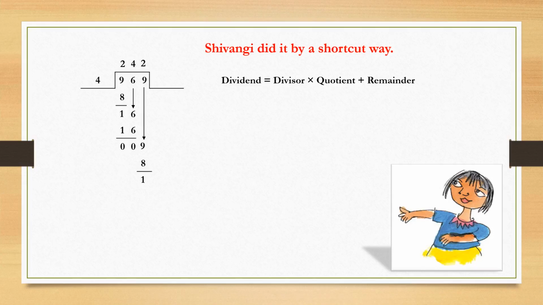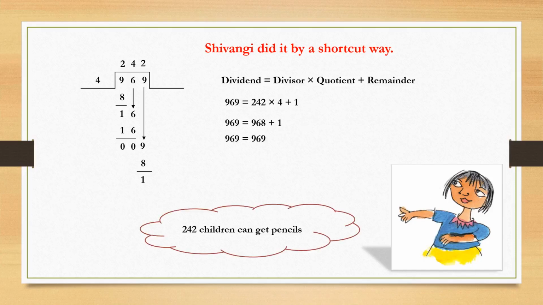So she multiplied 242 with 4 first, and then she added 1. After multiplying 242 with 4, she is getting 968, and when she adds the remainder 1 to 968, she got the same answer as she has in the dividend. So she is sure that her answer is correct.